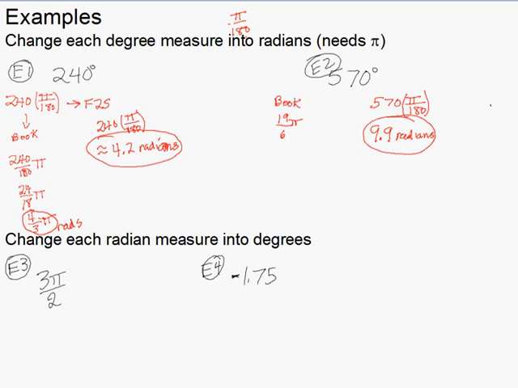Over here, we want each radian measured into degrees. So that means that we don't want radians, so we want 180 over pi. Now, the book way does some handwritten stuff. So it'll be 3 pi over 2, and then in parentheses, we would have 180 over pi.